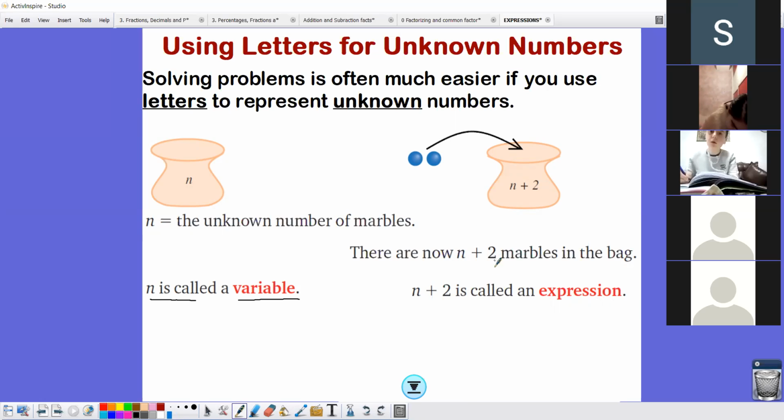It's not only a number, but here there is an operation. For example, this is only N. We don't know how many marbles are there. But here we're putting 2 more marbles, N plus 2. Because we don't know how many marbles we have, we are writing N plus 2. And now this is an expression that shows how many marbles there are, okay?